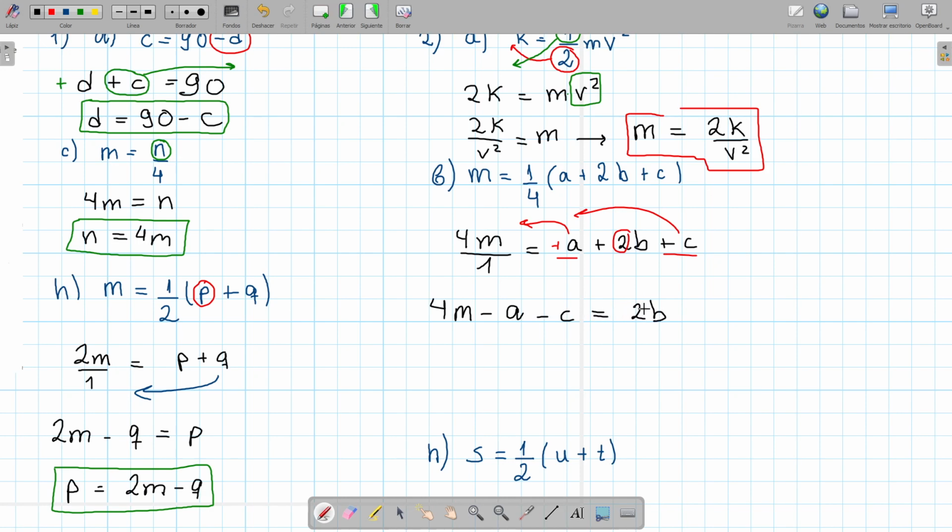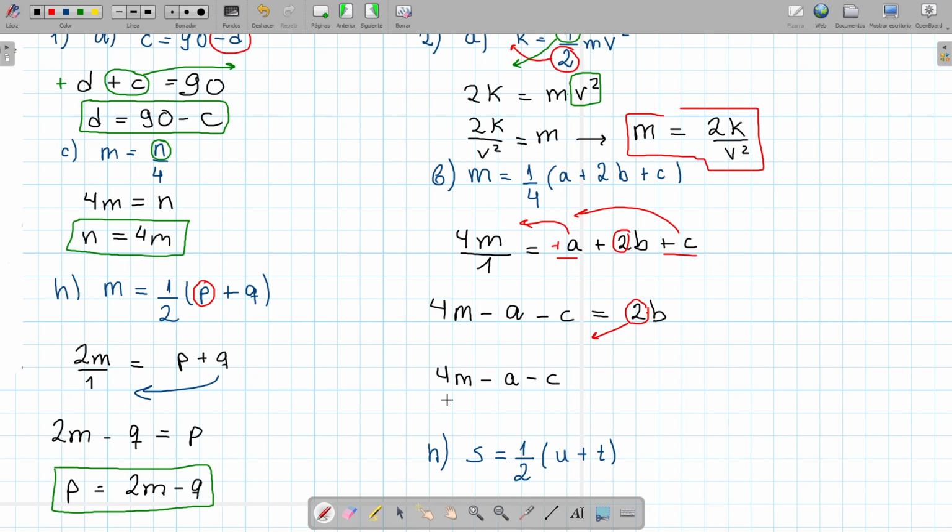And as you can see, now that this term 2b is alone, what I can do is take away this number. This number is multiplying b. It will go to the other side to divide everything. Now, it will be 4m minus a minus c.